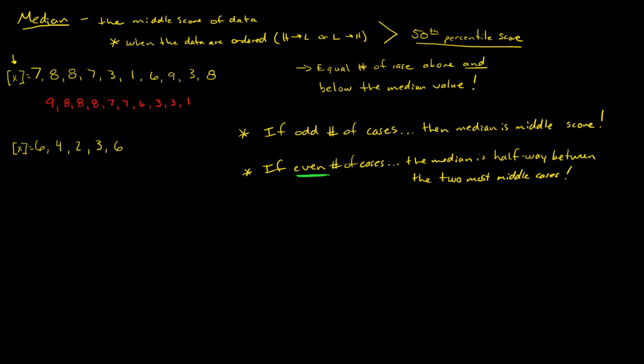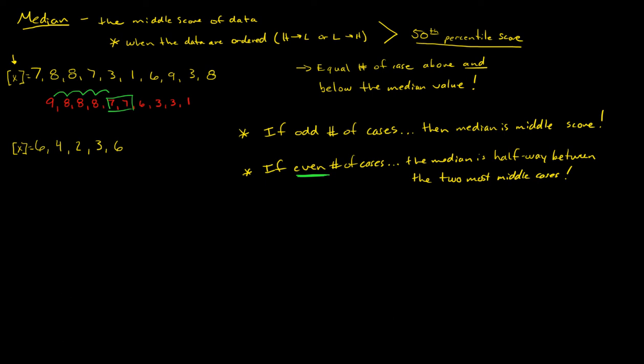So that's 1, 2, 3, 4, 5. It's going to be these 2 innermost or middlemost values.